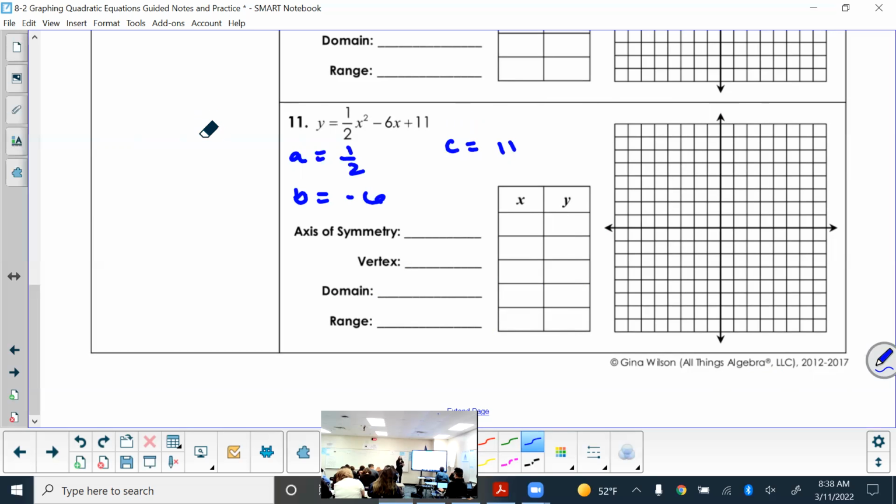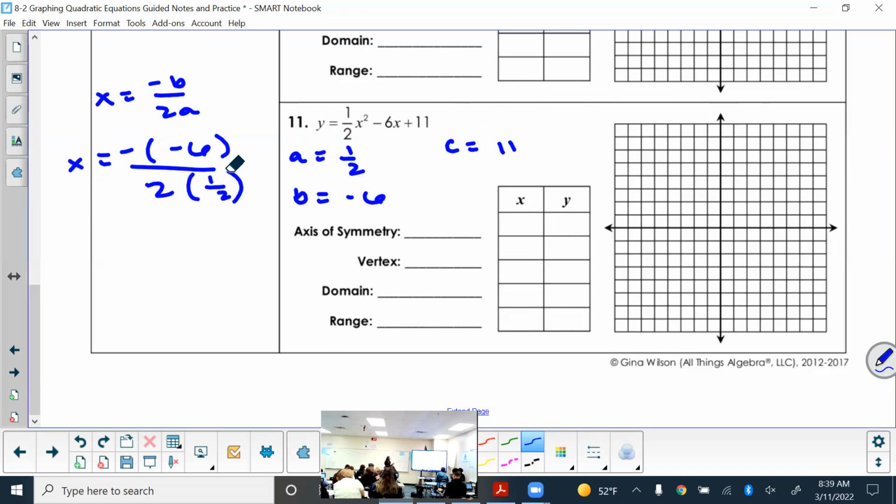Good. So for the axis of symmetry, it's still negative B over 2A. So plug it in with your parentheses. I have a negative 6 over 2 times A, which this time it's a fraction. And if that intimidates you, well, use Desmos. You don't have to mess up on the calculations and risk messing up the rest of it.